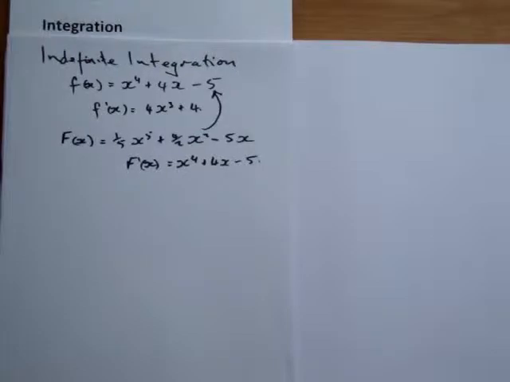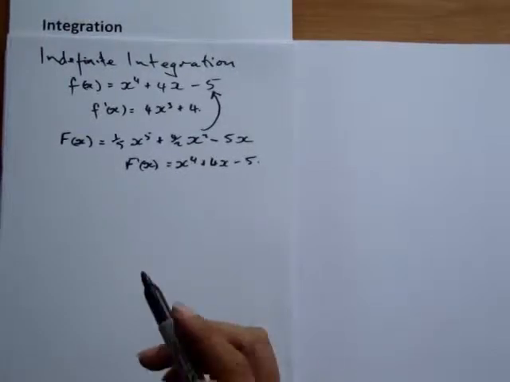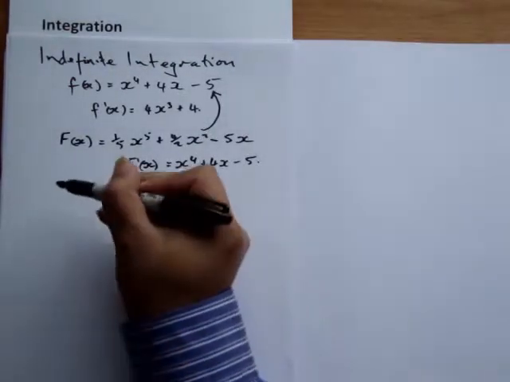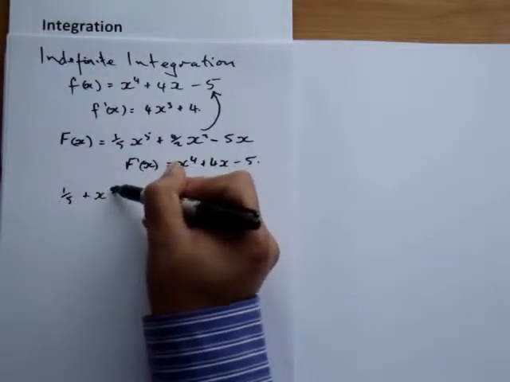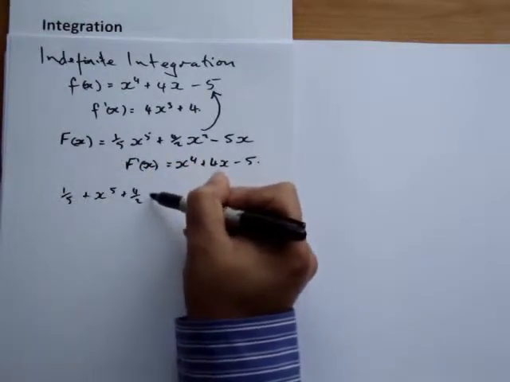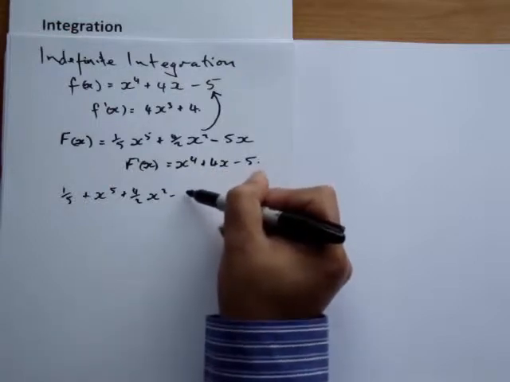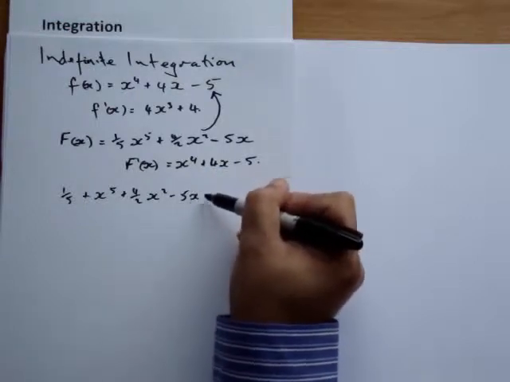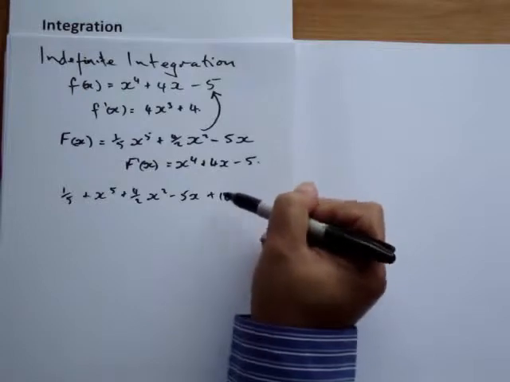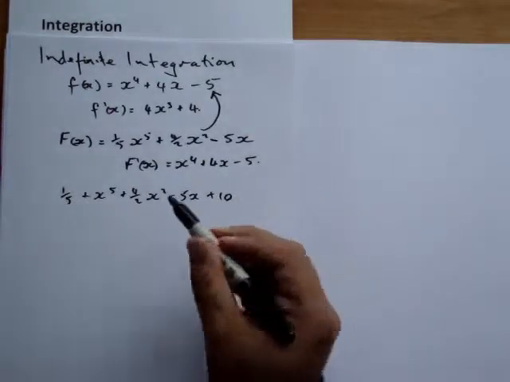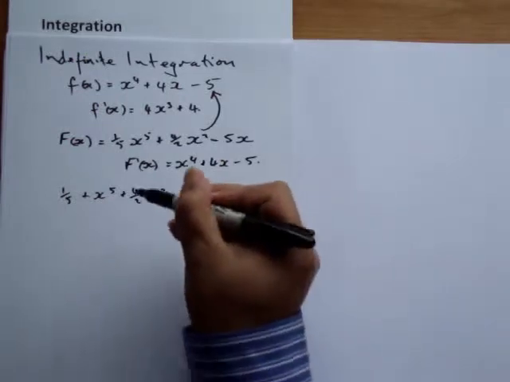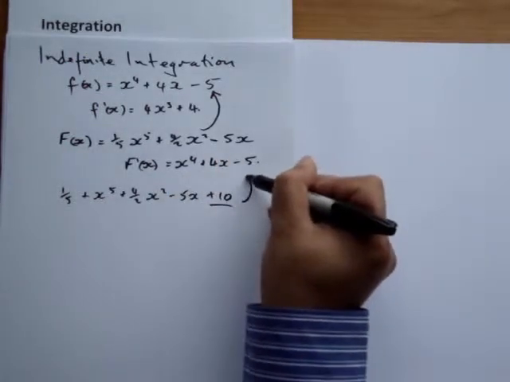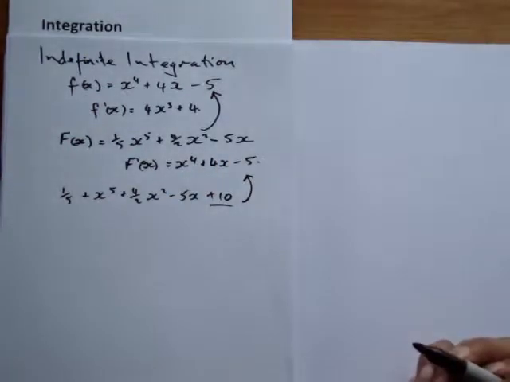Now the problem arises that if we also had 1/5 x to the 5 plus 4 over 2 x squared minus 5x plus 10, and we differentiated that, now this is a constant, we'd still get this function.